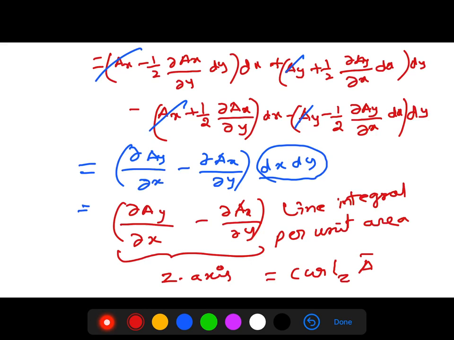So note it down, the steps involved in it.